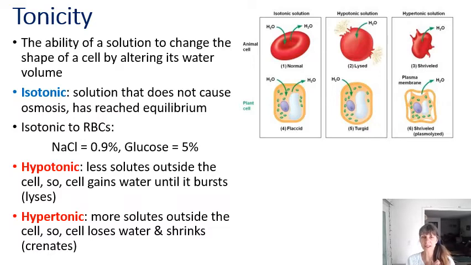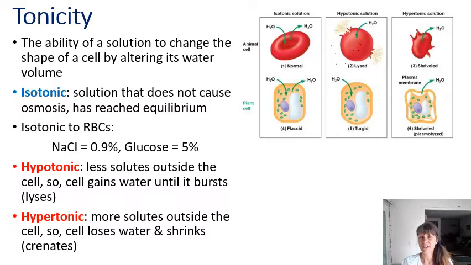If we put a red blood cell in a solution that is hypotonic, hypo means under or below. If the solute on the outside is less than the solute on the inside, I'm putting little dots. There's the solute outside. Here's the solute inside.